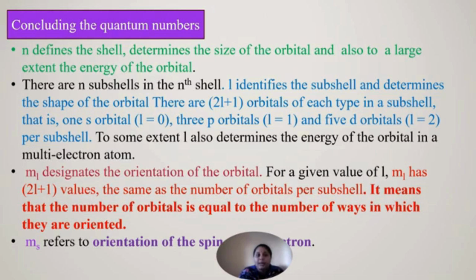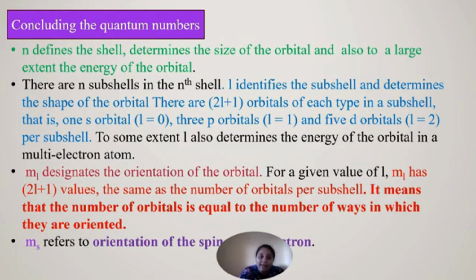There are 2l plus 1 orbitals of each type in a subshell. That is, 1s orbital, where l is equal to 0; 3p orbitals, where l is equal to 1; 5d orbitals, where l is equal to 2, per subshell. And to some extent, l also determines the energy of the orbital.